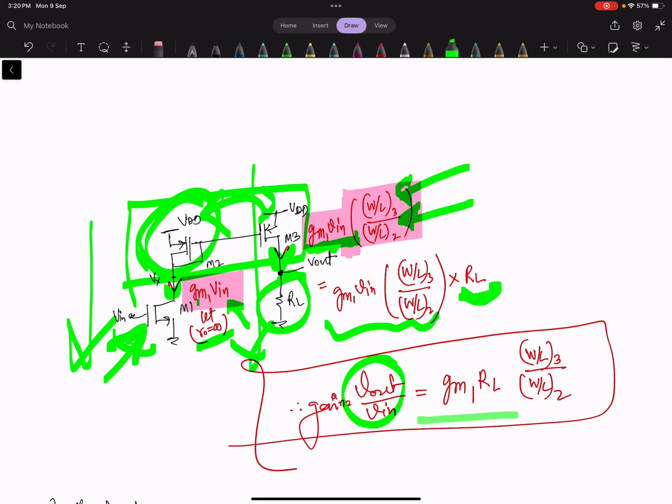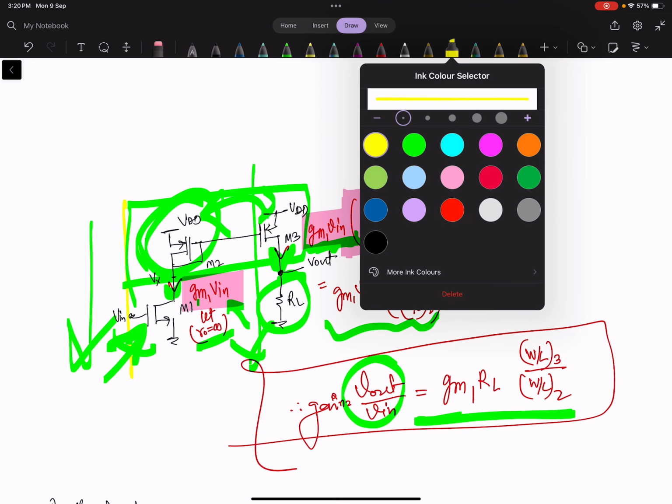By this you will get V out by V in. The important point here is that we have used just the simple current equation and multiplied it by the resistance.